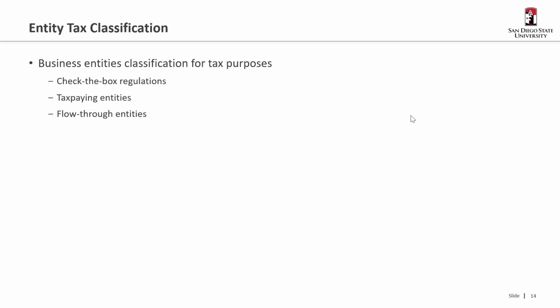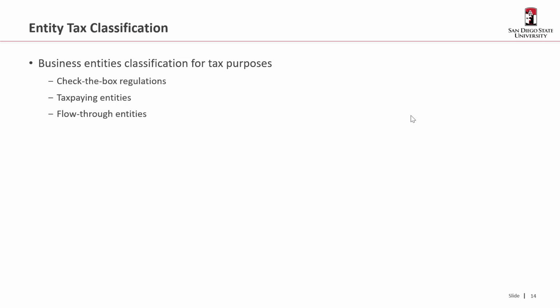And finally, a couple decades ago, the IRS actually threw up their hands and said, you know what? We're just going to let you decide what you want to be. You're going to check the box, choosing whether you're a flow-through or a non-flow-through. And once you've decided, that's fine. Go ahead and decide. Now, we're going to make it tough for you to change, but we're just going to let you make that initial decision and let you stick with it.